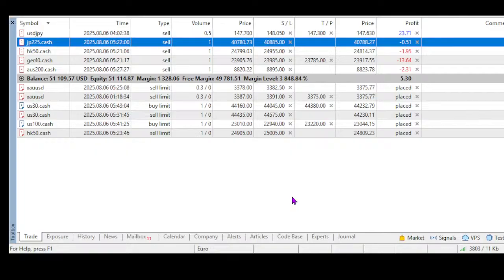Previously we gave you the rules, basically the 2% rule. That means every day we try to make 2%, and our risk is also 2%. Now what we are going to do is go for focused trading.